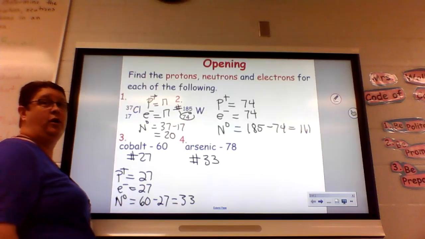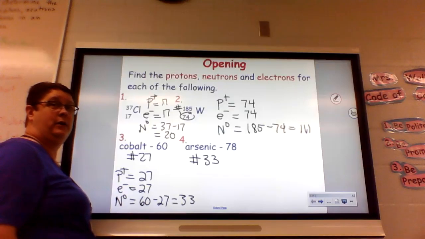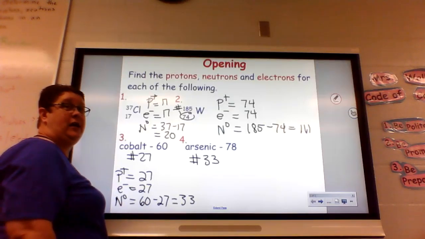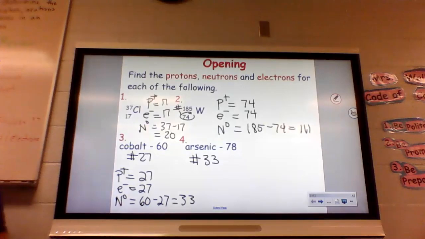It's gonna look different on the chart because the mass does not have to be the same. The atomic number can never change. That little number always has to be the same. So you're always looking up the little number, okay? The big number doesn't matter. It's gonna be a decimal number, first of all. But the little number is always gonna be the one that's the same, that smaller number.